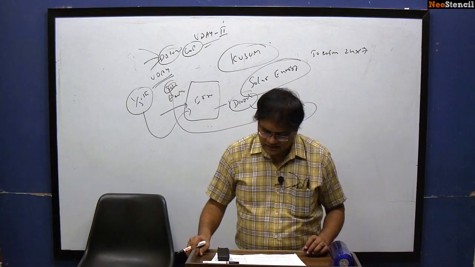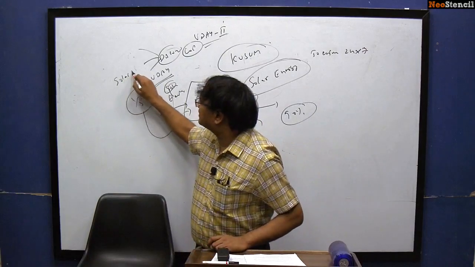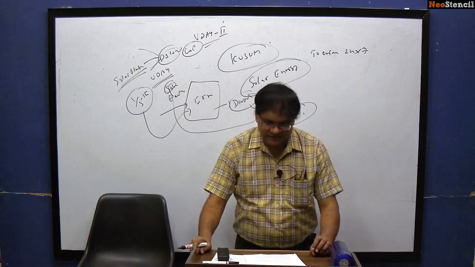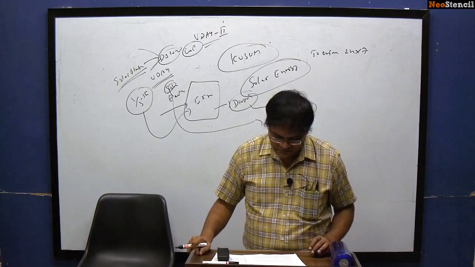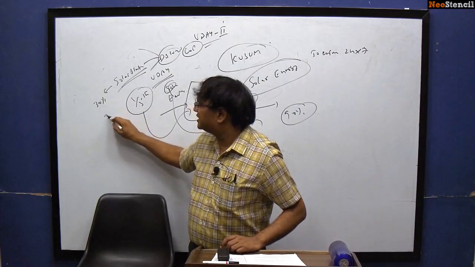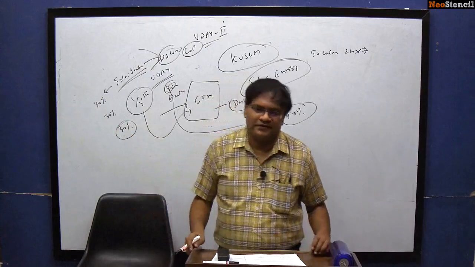And the central government will set up the solar plant with the help of the state governments. 30% will be given by the central government, and state governments will pay 30%. 30% will be given as a loan to the farmers.